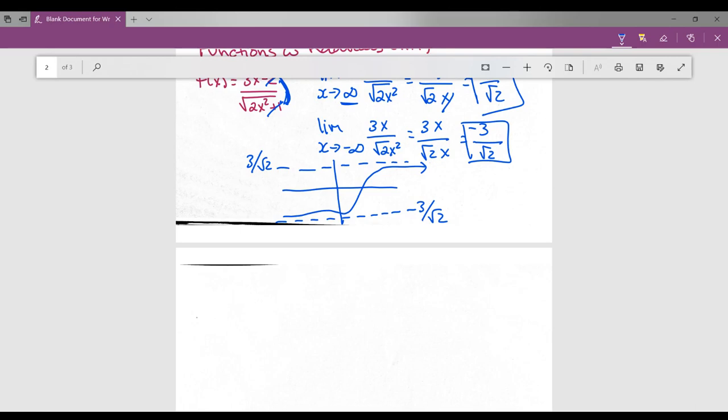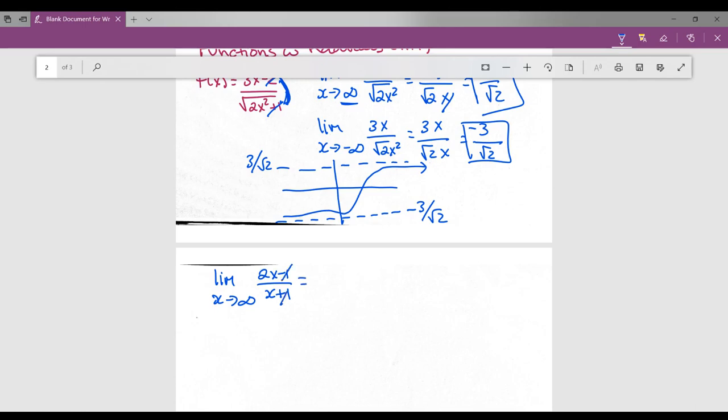So let's look at another example. We'll just do the limit as x goes to infinity of 2x minus 1 over x plus 1. We know the answer is going to be 2, okay? Because we would just cancel those ones.